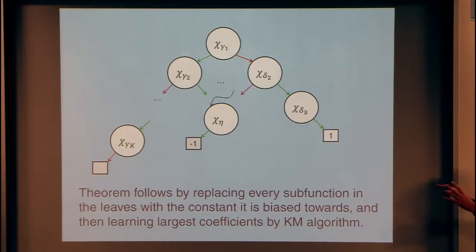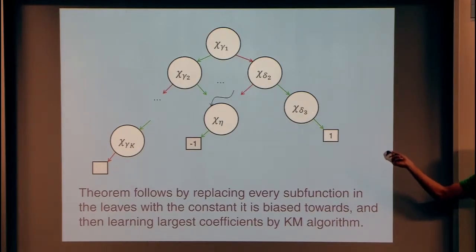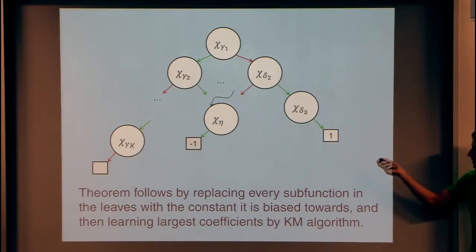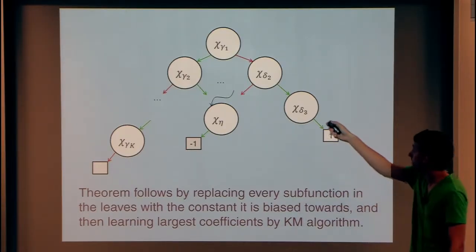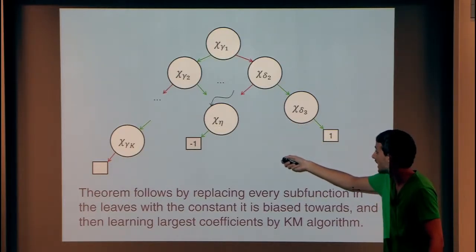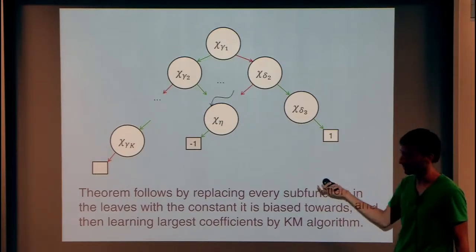So we need to average over all the leaves. These constant leaves are great, right? Any inputs which follow this path are correct, because here the function is constant. These highly biased leaves are also great, because there's an epsilon fraction of all inputs which follow this path that are incorrect, but it's only a small fraction.